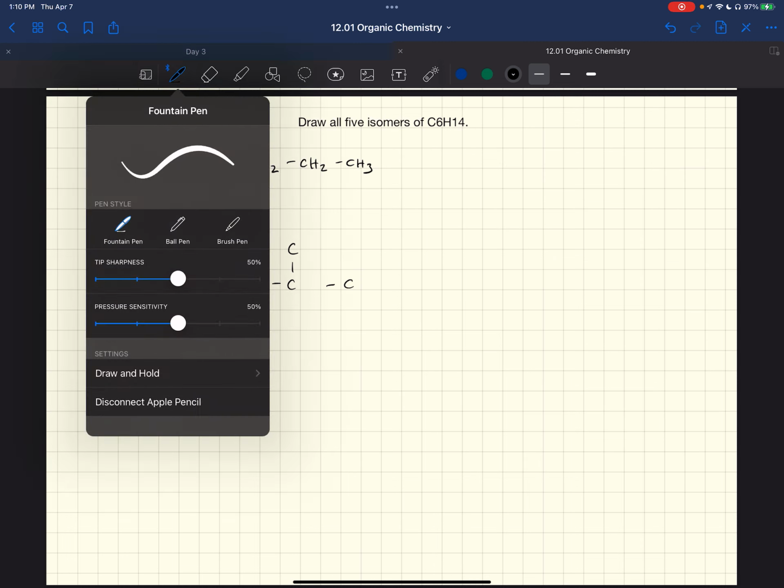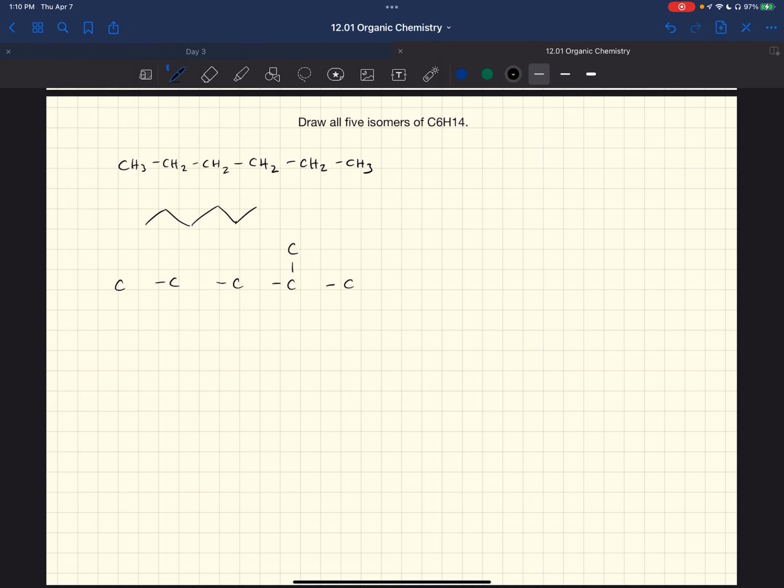But I could put it here, and that's no longer the same molecule. They're not all in the same thing, which will make sense once we put our hydrogens in. So all exterior hydrogens are CH3s. These ones are CH2s. And then this carbon here has 1 carbon, 2 carbon, 3 carbons attached. So it only needs one more attachment, so it gets a hydrogen.